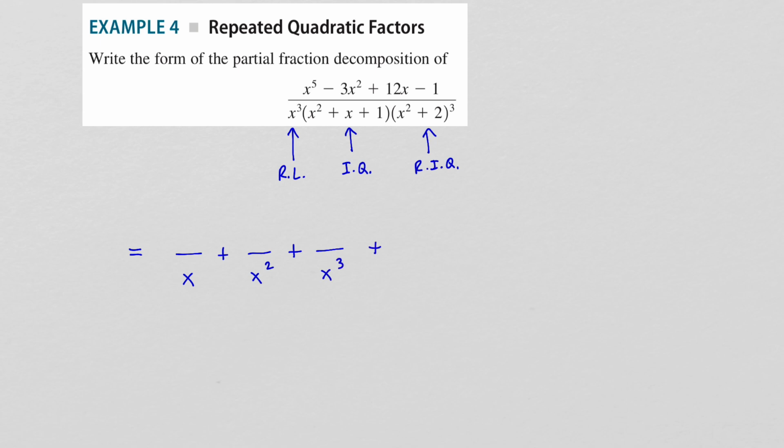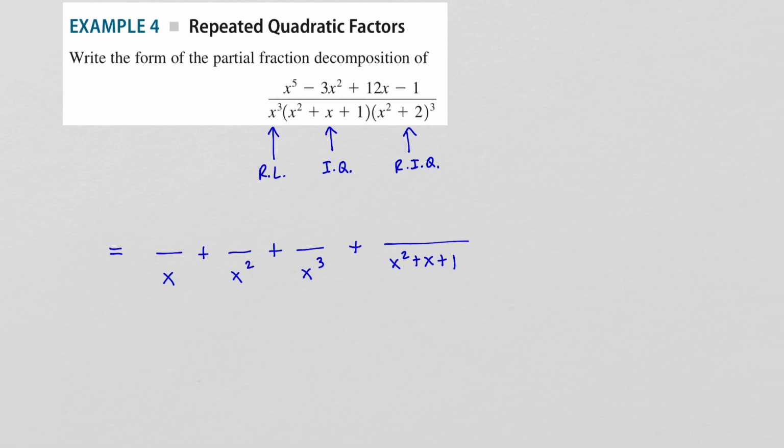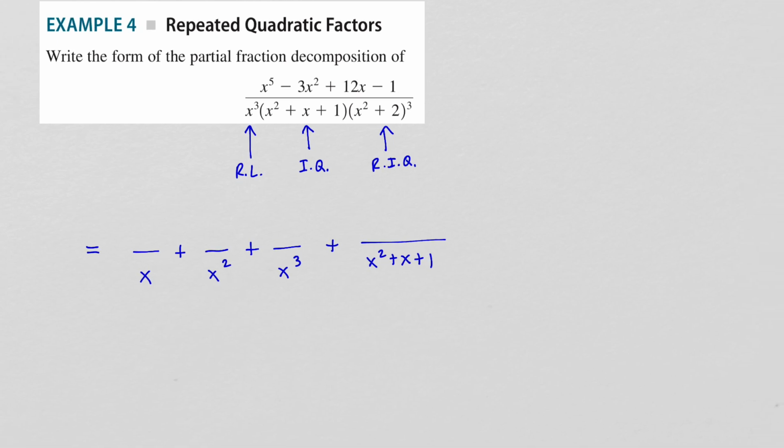Then your irreducible quadratic, the first one, x squared plus x plus 1, just needs a single representative. And then your second irreducible quadratic, which is power 3, you're going to have 3 fractions to represent that one. So we have x squared plus 2, x squared plus 2 squared, and x squared plus 2 cubed.